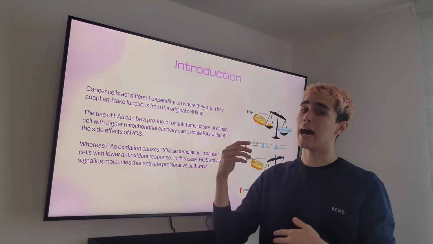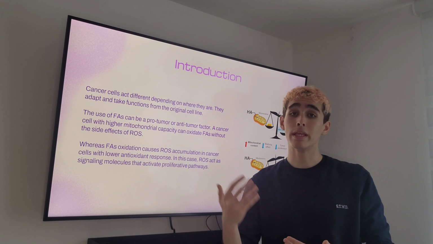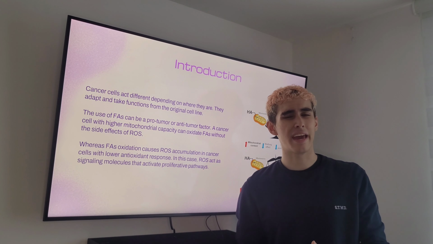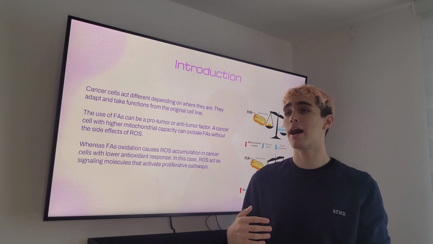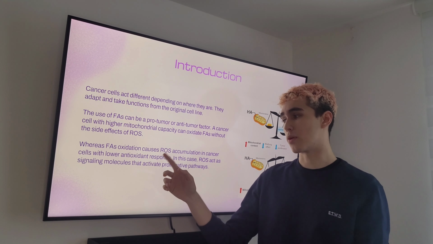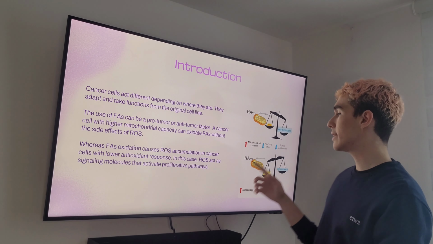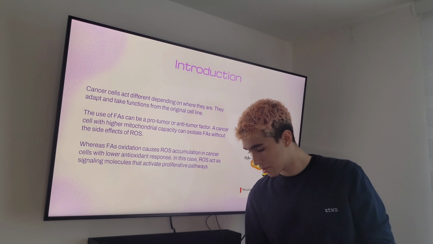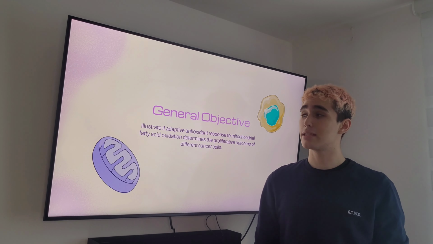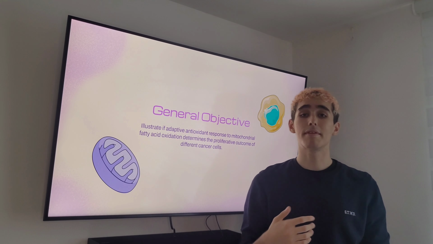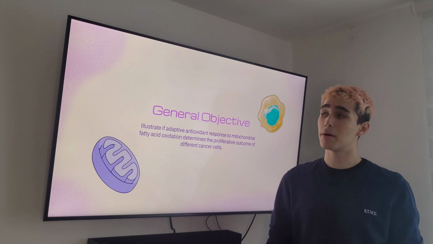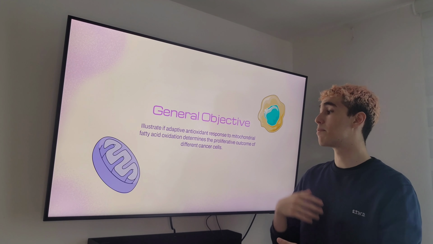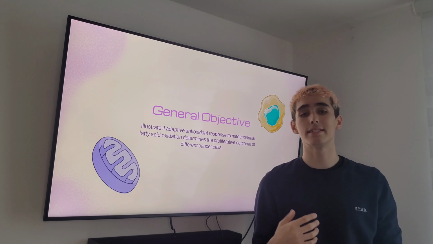Whereas a cancer cell with a lower mitochondrial capacity can't oxidize the fatty acid without the consequences of the rust. But that's why they have antioxidants, which we're going to talk about later. So the general objective is to illustrate if the adaptive antioxidant response to mitochondrial fatty acid oxidation determines the proliferative outcome of different cancer cells.